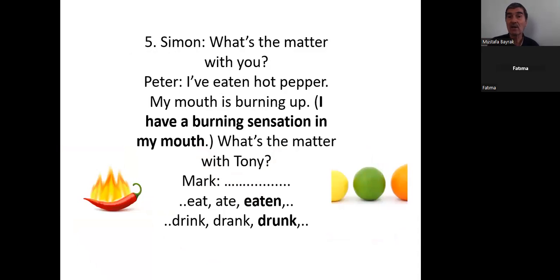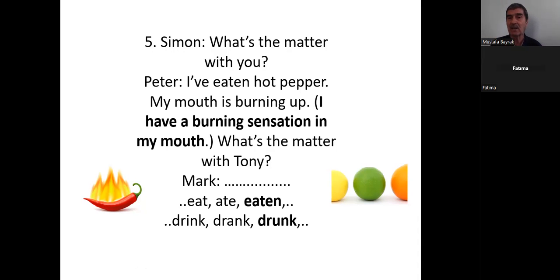Dialogue 5. Simon: What's the matter with you? Peter: I have eaten hot pepper. My mouth is burning up. This image symbolizes it. It means I have a burning sensation in my mouth. What's the matter with Tony? He has eaten hot meal. He has drunk hot milk, for example.